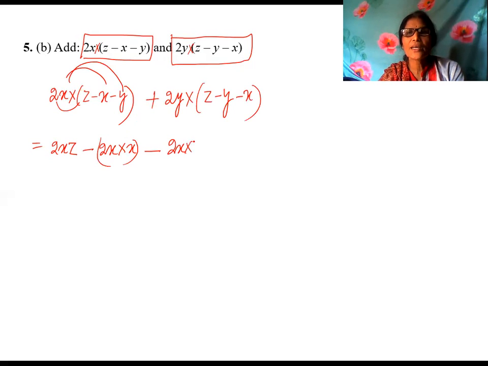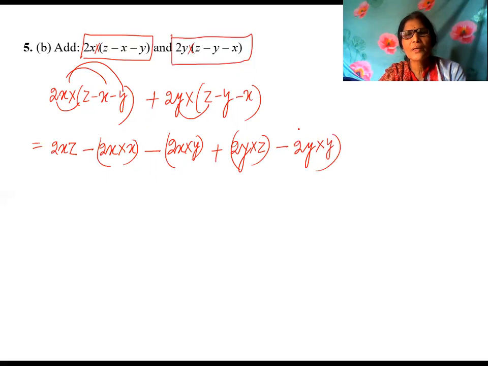So take care of the sign very well, because that is the algebraic expression. Sometimes when the sign is not correct, it makes it wrong. So plus 2y into z, minus 2y into y, minus 2y into x.